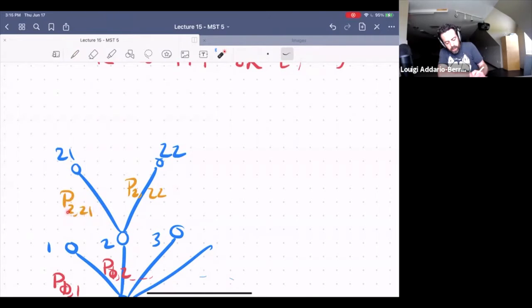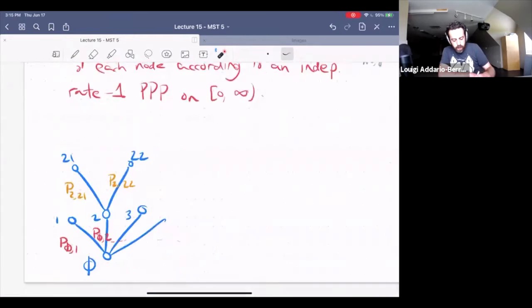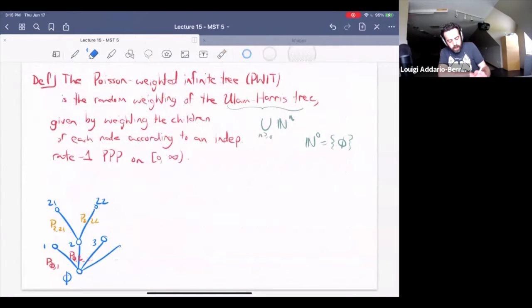So this 2,2,1 indicates that the weight sits on the edge from 2,2 to 2,2,1, and so on. This structure repeats recursively at the children of every node of the tree. So, if you like, the set of processes then are P, V, VI.